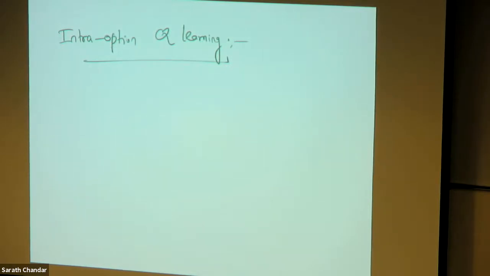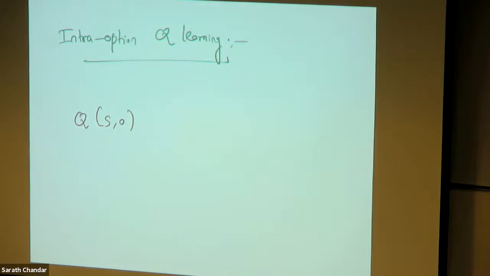We're going to learn while executing a policy, not just about that policy, but also about all other policies. To do that, we first have to define a modified Q function, Q of S comma O.